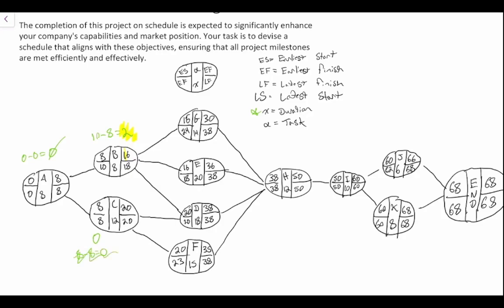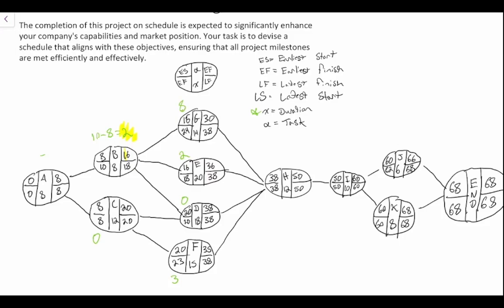So there's no room for failure at project C. At project F, we have 3 days of slack. At project D, we have 0 days of slack, 20 minus 20. At project E, we have 18 minus 16, which is 2 days of slack. At project G, we have 24 minus 16, which is 8 days of slack.